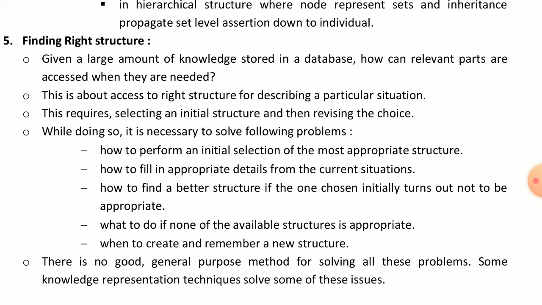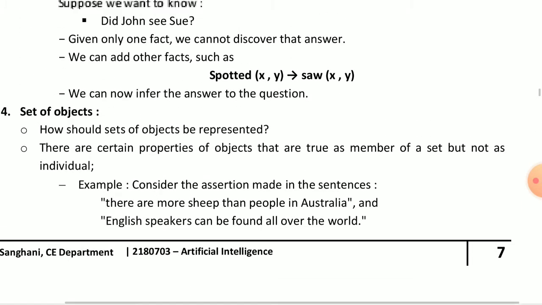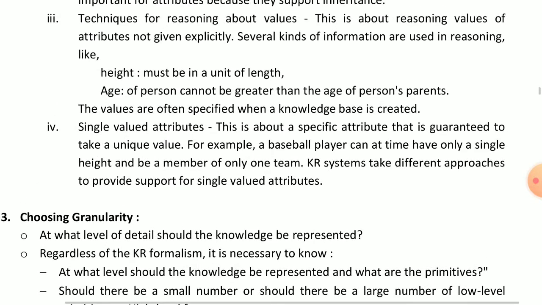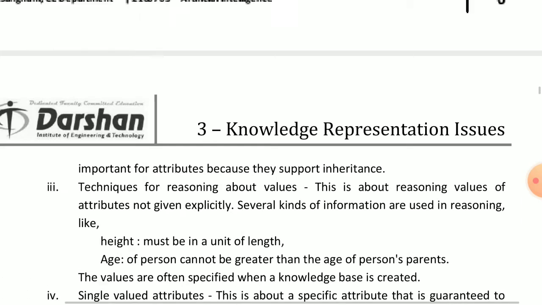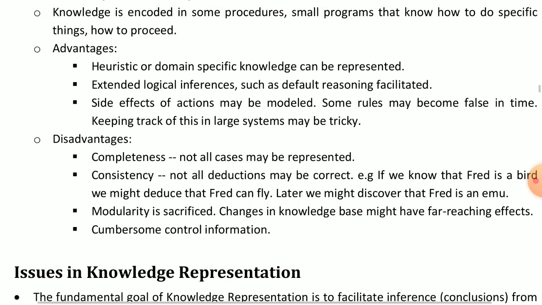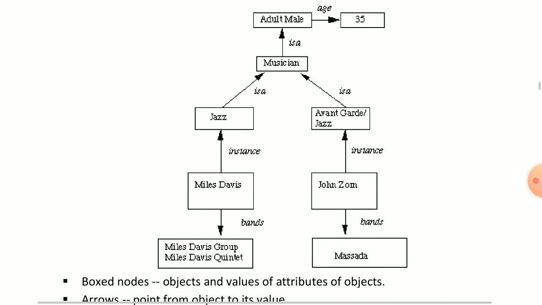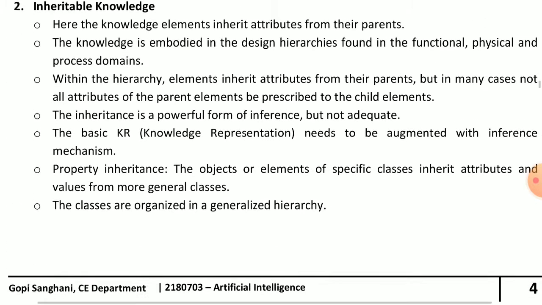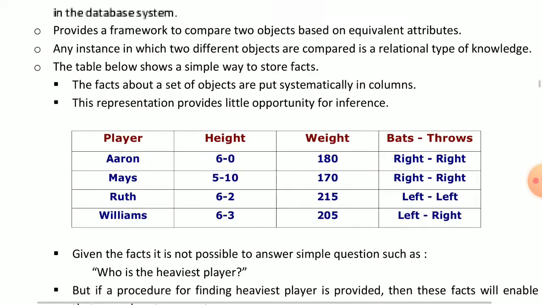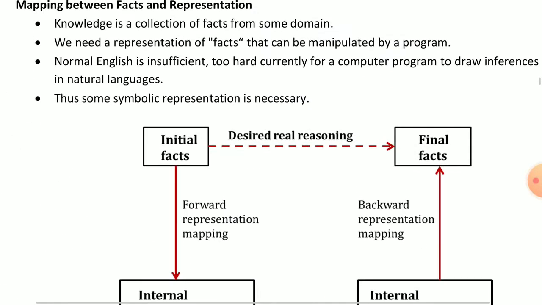Now I will revise the whole unit. Unit number 3 weightage is 7% in your GTU examination. Our unit 3 name is knowledge representation issues.